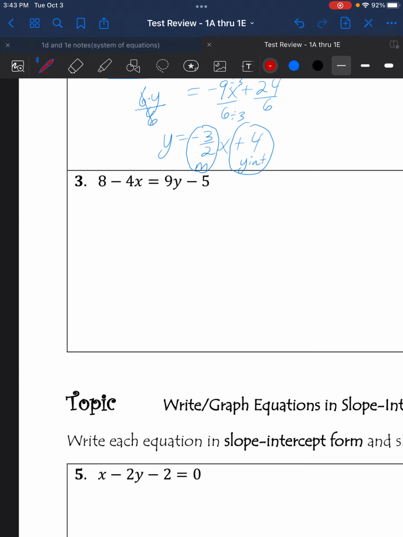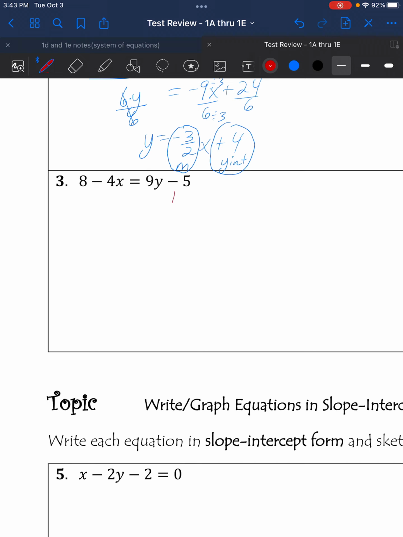Looking at number 3. Here I'm going to add 5. I have like terms. The 8 and 5 are both constants. So that's 13 minus 4x equals 9y. And then opposite of multiplication is division. Anytime you multiply or divide in an equation, you have to multiply or divide every term.